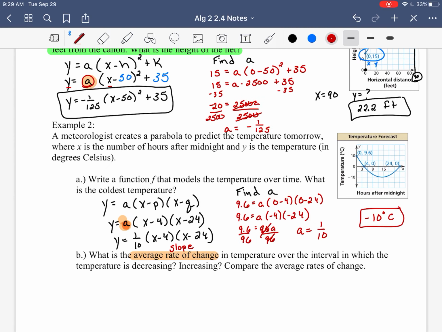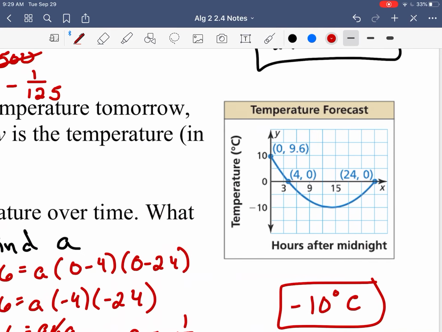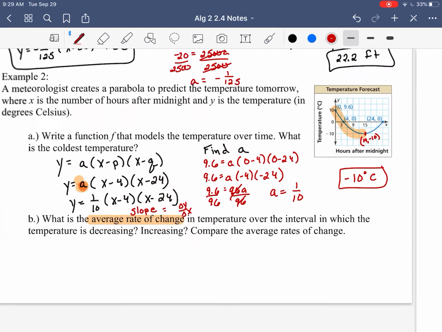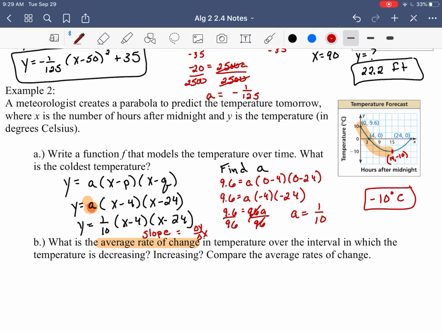If we remember, slope is the change in y over the change in x. So I want to look when my temperature is decreasing, from here to here. And we know from the previous part that this lowest point is the point (14, negative 10).